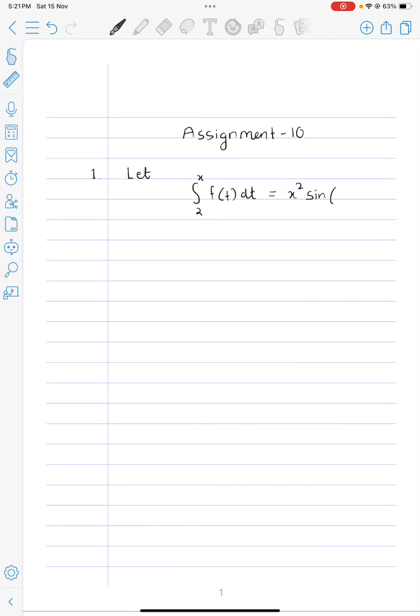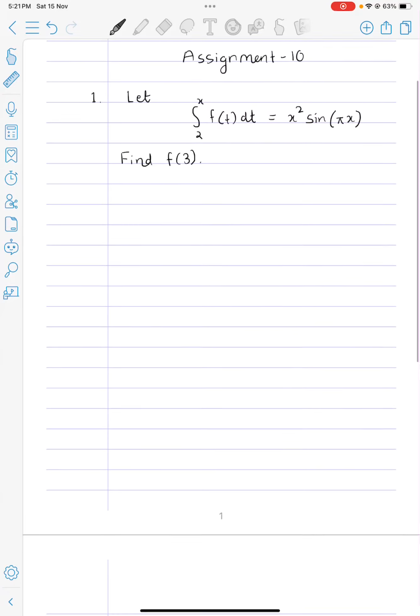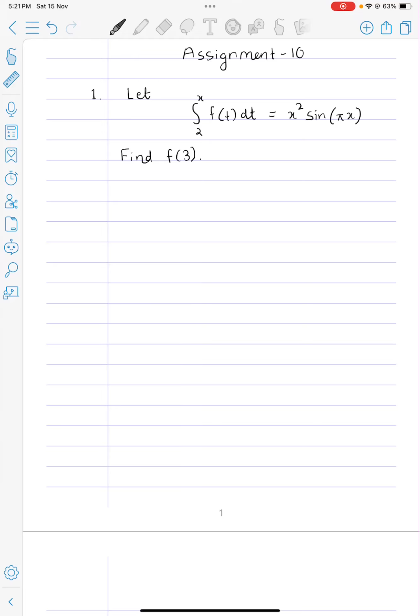And we are supposed to find F3. Okay. Let's see how to do it.